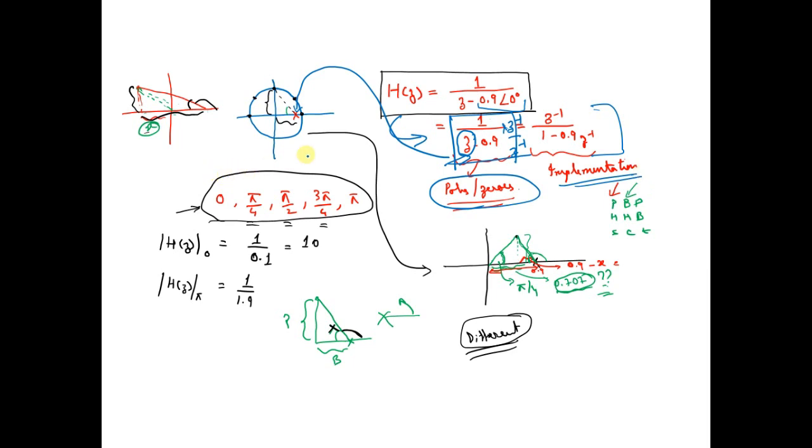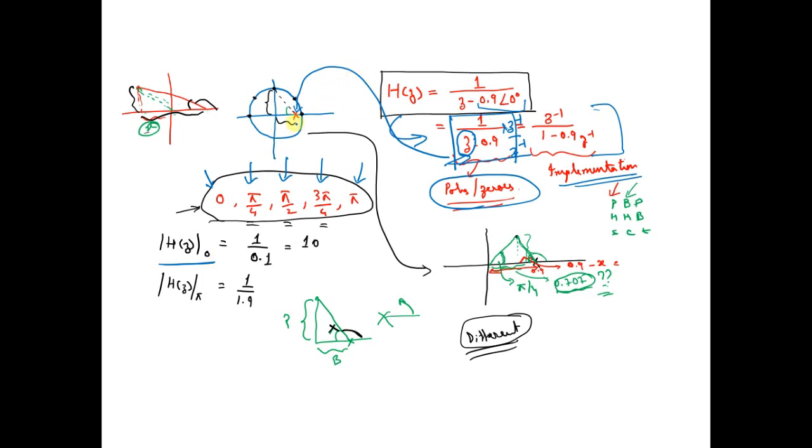So when we talk about the amplitude response, we need to find out at 0, pi by 4, pi by 2, 3 pi by 4 and pi. So at 0 we need to find out the distance.